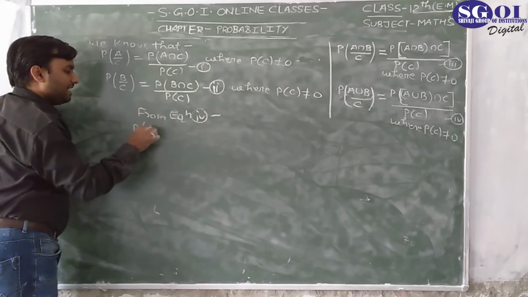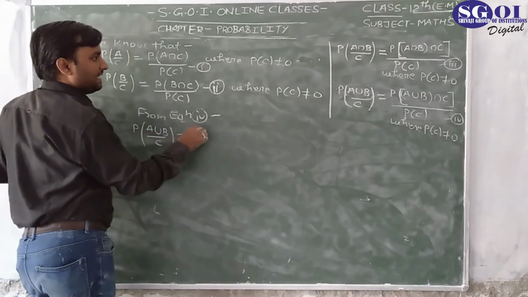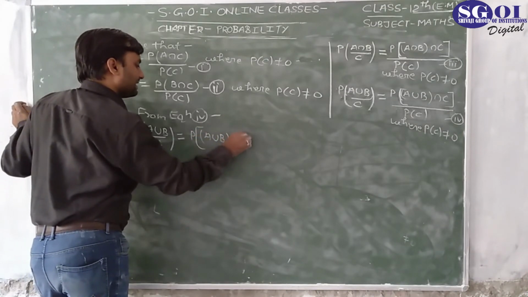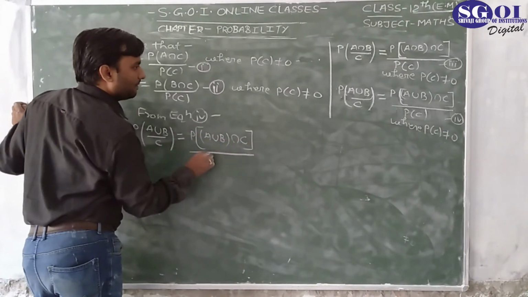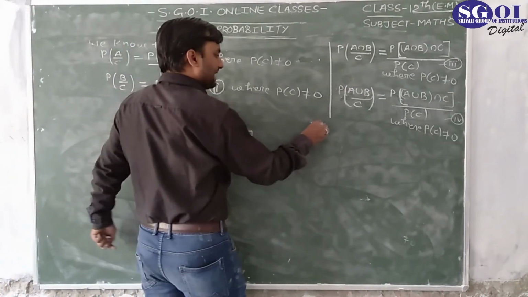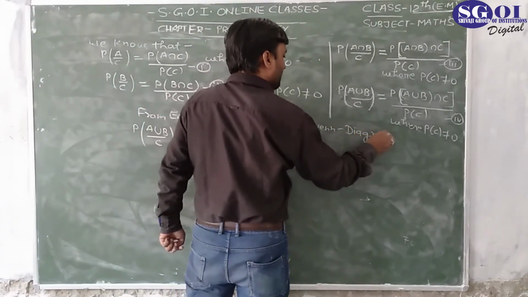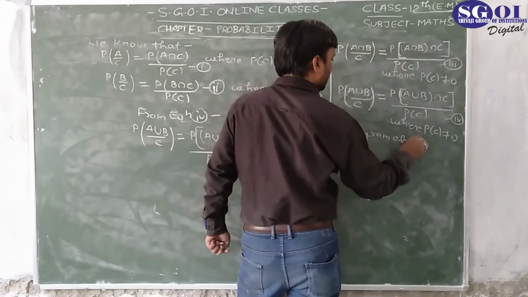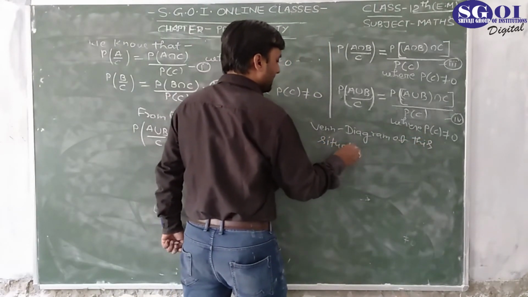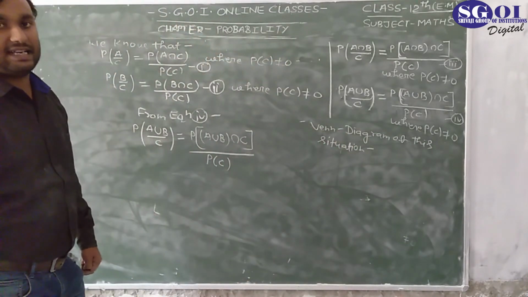Probability of A union B by C is equal to probability of A union B intersection C upon probability of C. Now, Venn diagram of this situation. This part is very important. Venn diagram of this situation is very important to understand.